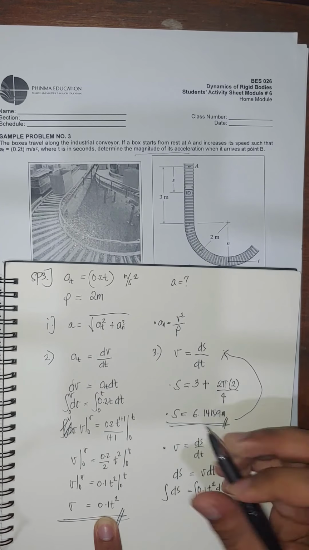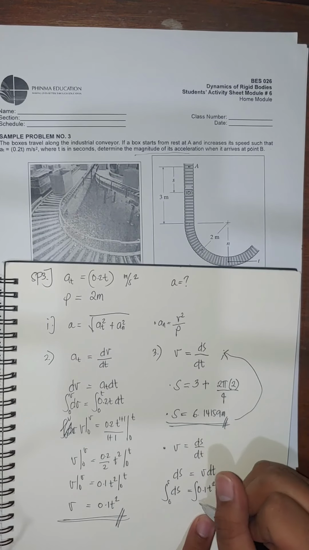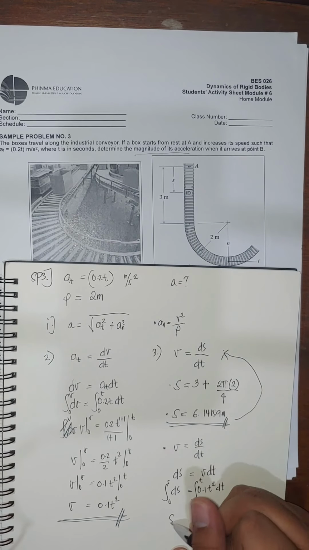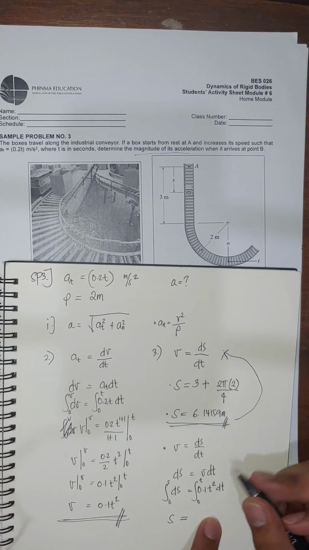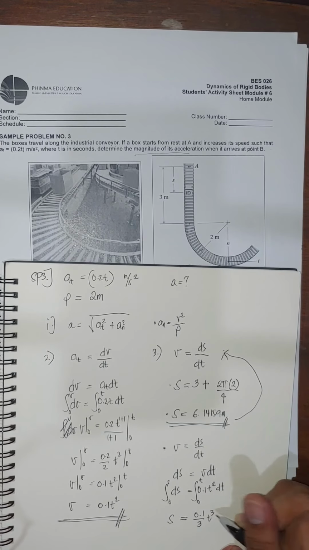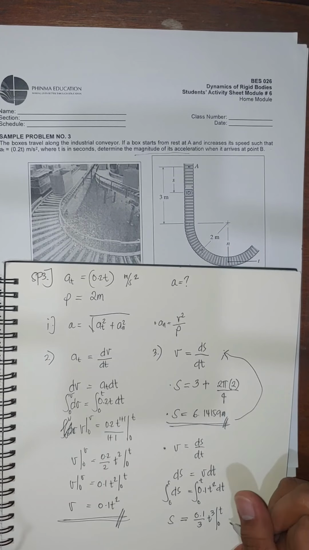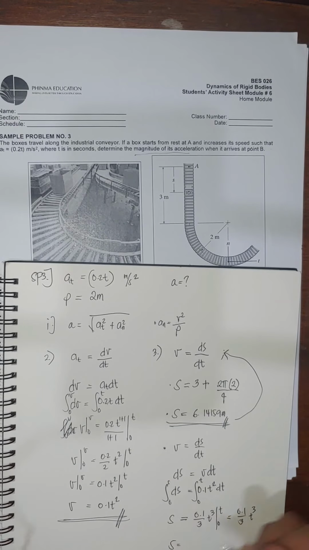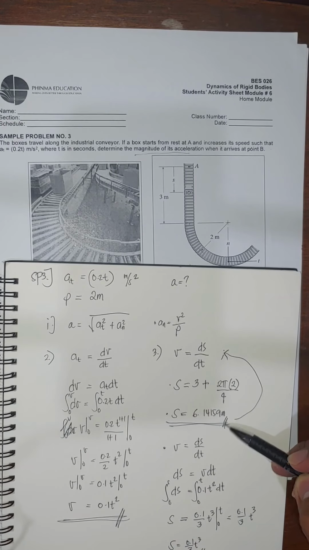Integrating both sides, from 0 to s and from 0 to time, we have s equal to 0.1 over 3 t cubed from 0 to t, or just 0.1 over 3 t cubed. This is the position function. We also have the value of s, 6.14159 meters.